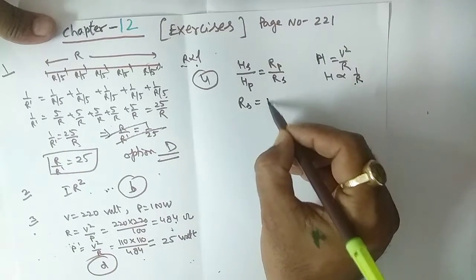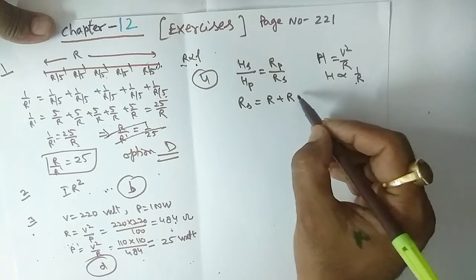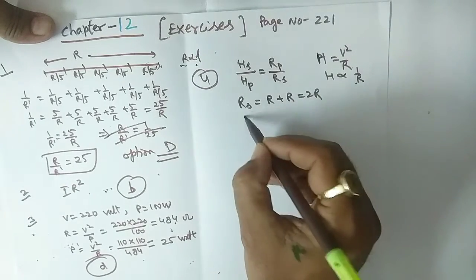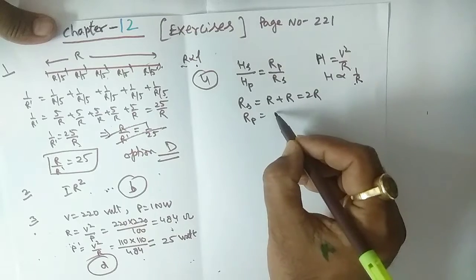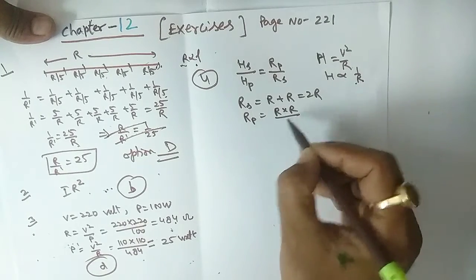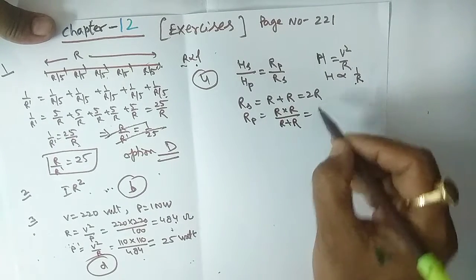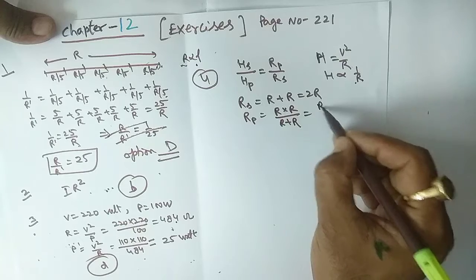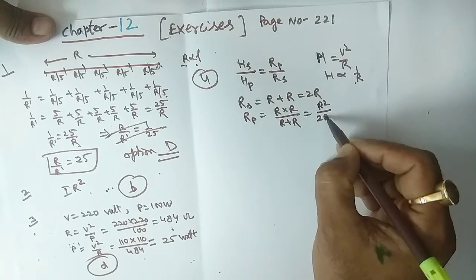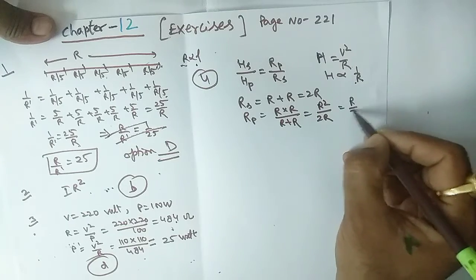It is R plus R, two resistances are here, in series they will add. So it is equal to 2R, and in parallel it is R into R upon R plus R. So it is R square upon 2R, or it is equal to R by 2.